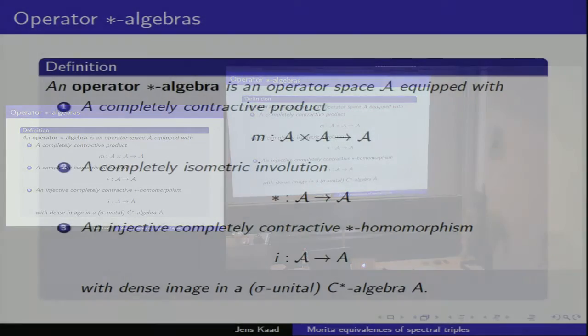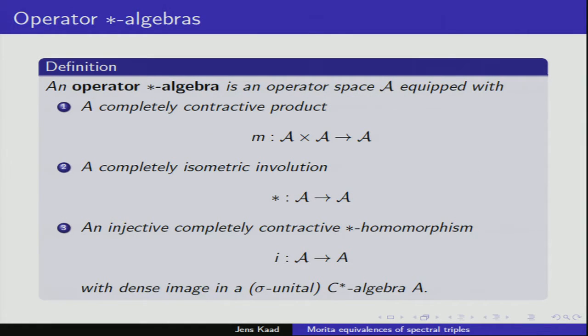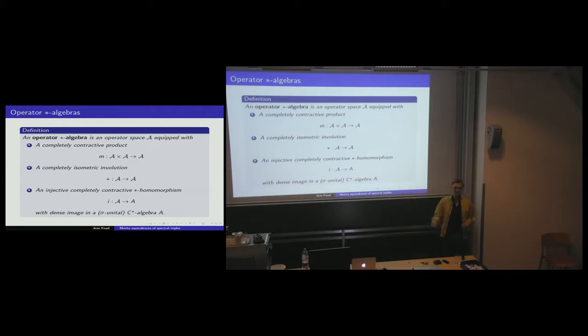Final condition, okay, I want it to sit densely inside a C star algebra. So there is some C star algebra A, which again is sigma unital, and then I have this star homomorphism from A to capital A, and it respects all the structure, and it's completely contractive.